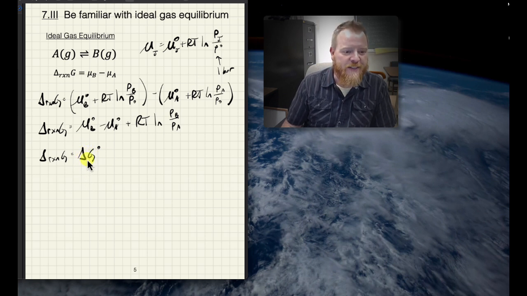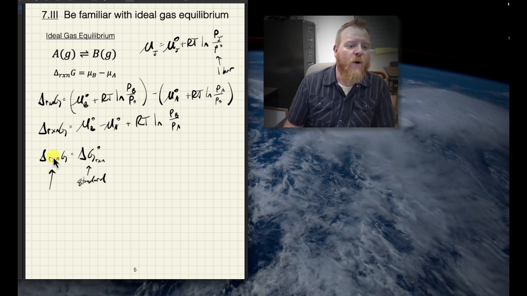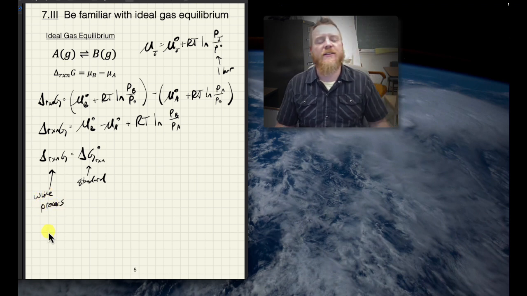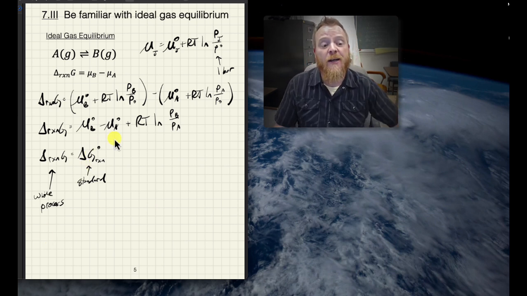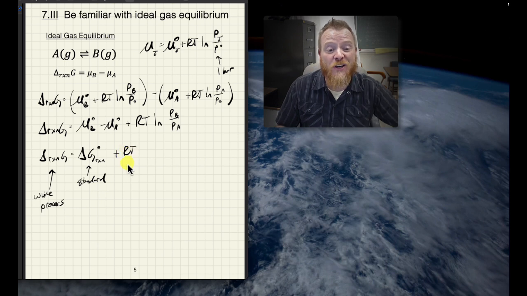Okay, so now we have these two things going on here. We have our standard free energy of reaction, and then we have the delta G of the reaction. Standard means just that, standard, whereas this one is really describing the whole process. What that whole process refers to is not only the free energy of the reaction, but the free energy of just mixing those two things in the first place.